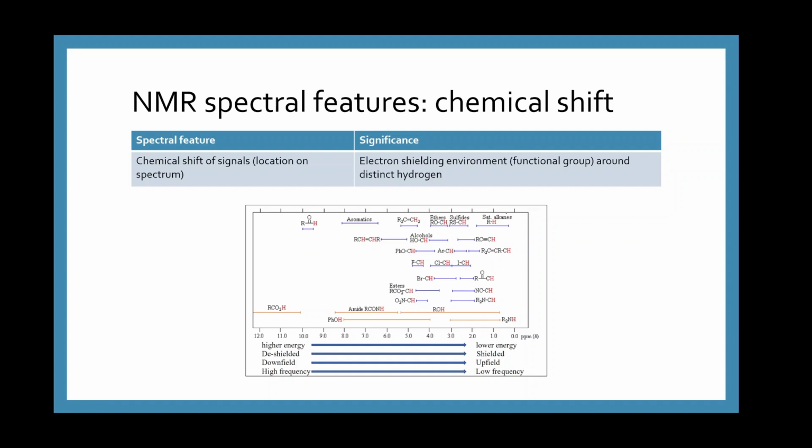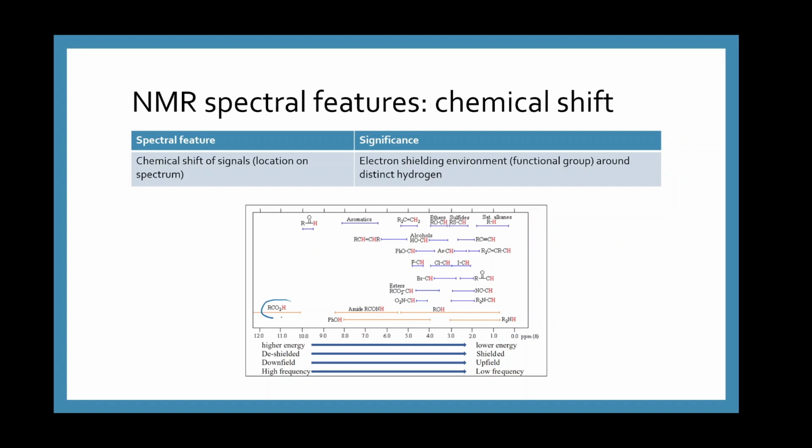So a couple that I'll point out, saturated alkanes, so no double bonds, are low ppm, or we say this is upfield. Alcohols have a pretty wide range, but between about 1 and 5.5 ppm.